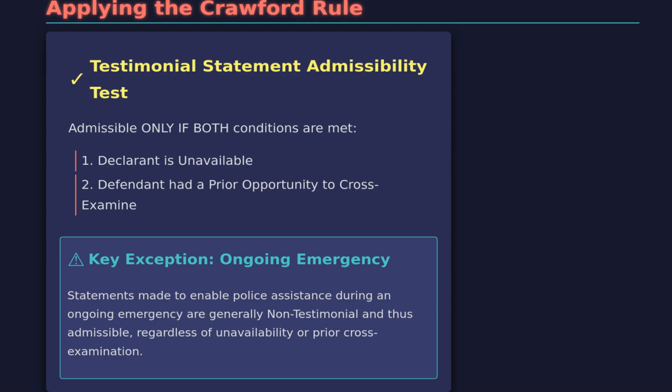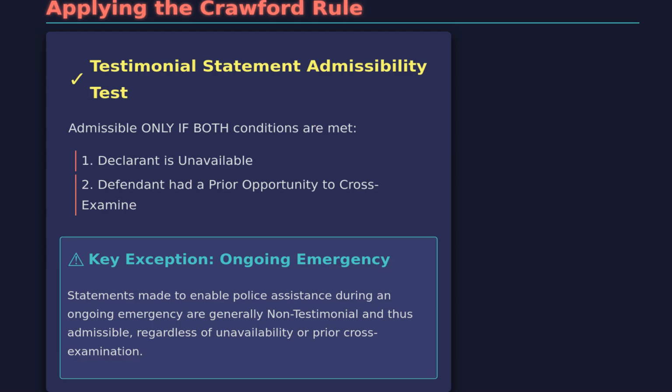Second, the defendant must have had a prior opportunity to cross-examine that witness, typically during a preliminary hearing or a prior proceeding. If both conditions are satisfied, the testimonial statement is admissible. However, if the statement is deemed non-testimonial, the Crawford rule does not apply, and the statement is generally admissible regardless of the witness's availability or prior cross-examination opportunity.